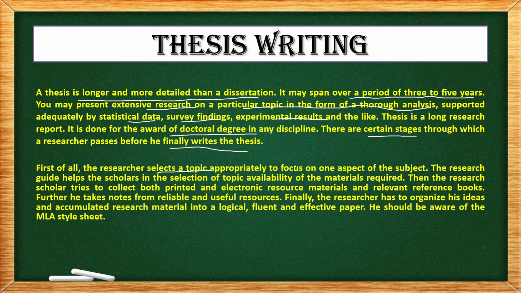In every discipline, in every subject, the thesis can be written by a student or a researcher. Research guide helps the scholars in the selection of topic, availability of the materials required. So generally a guide is there to support, to guide, to help the researcher or a student. And in project you were having a supervisor to supervise the student.